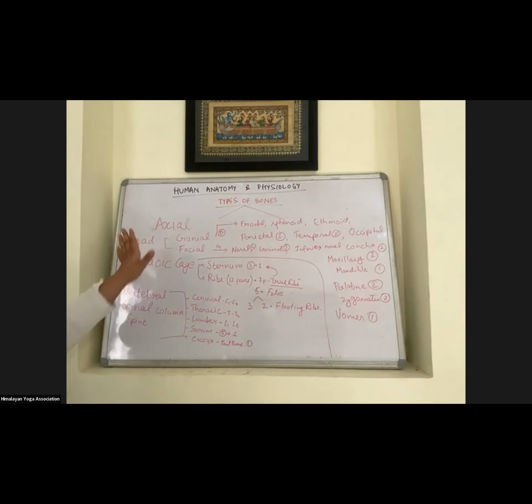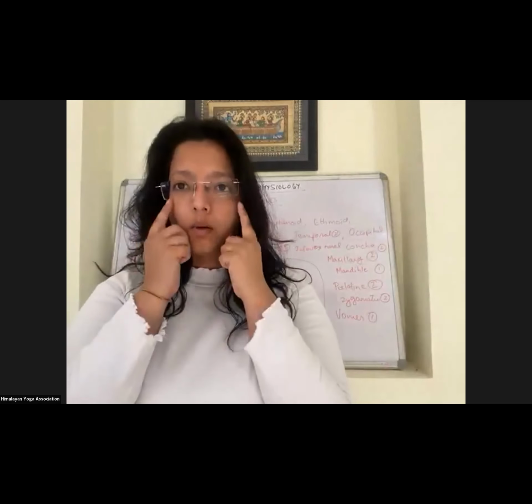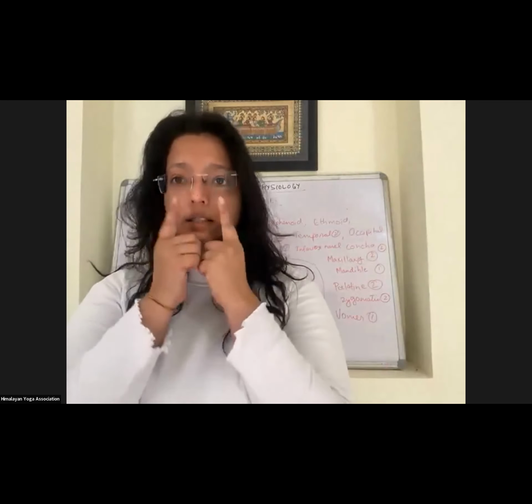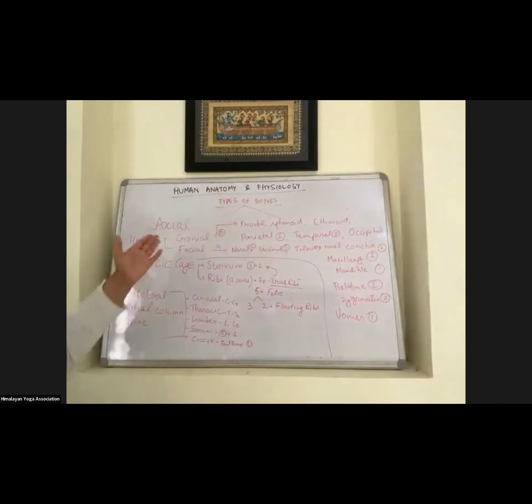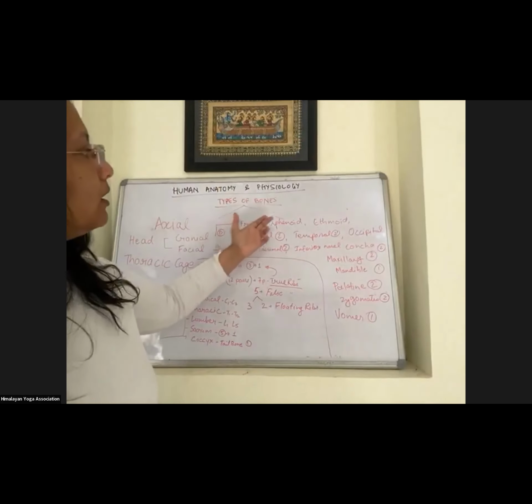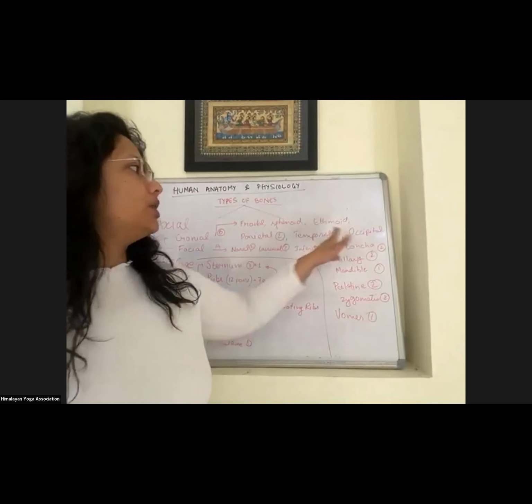Here we are studying the head. In the head, we have the cranial region and the facial region. The cranial region protects the brain, and the facial region supports the eyes, the nose, the mouth, the oral cavity. In cranial we have frontal, sphenoid, ethmoid, parietal, temporal, occipital.